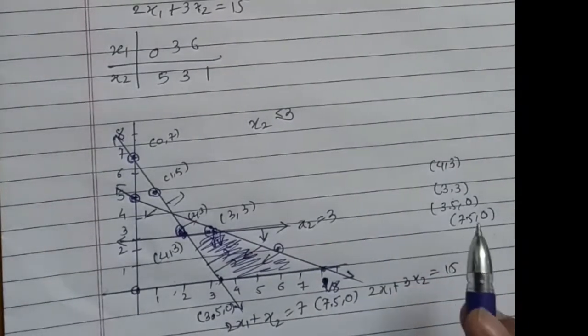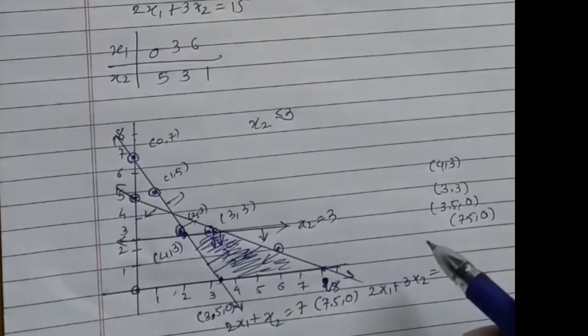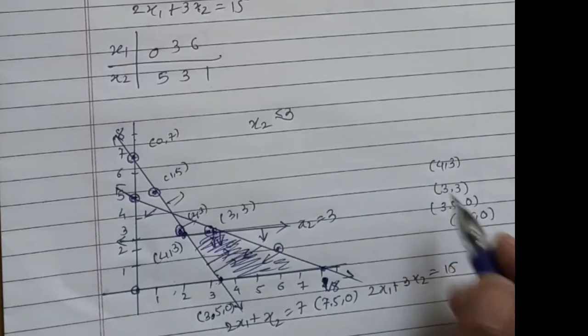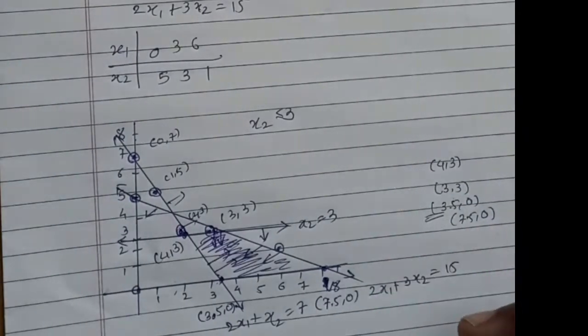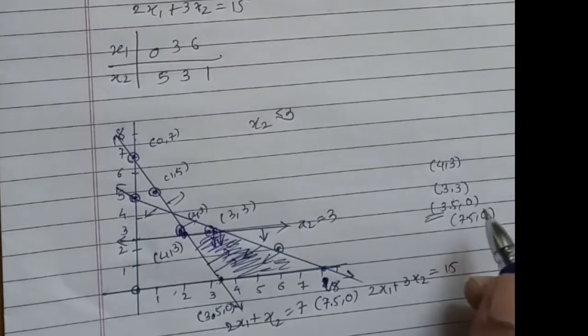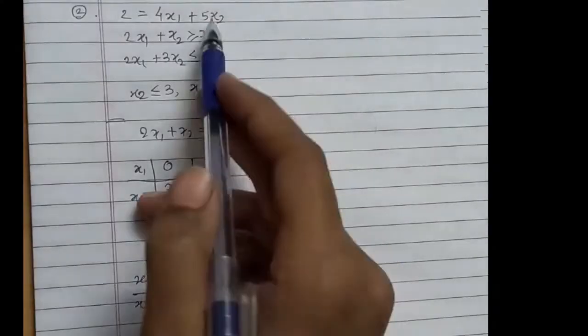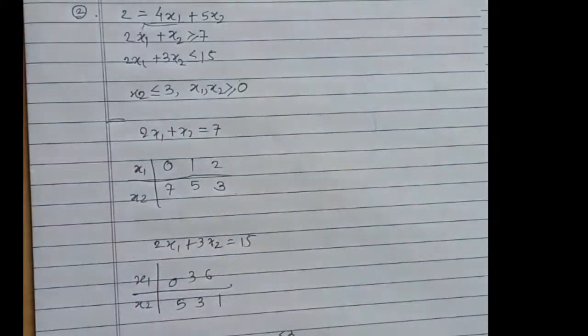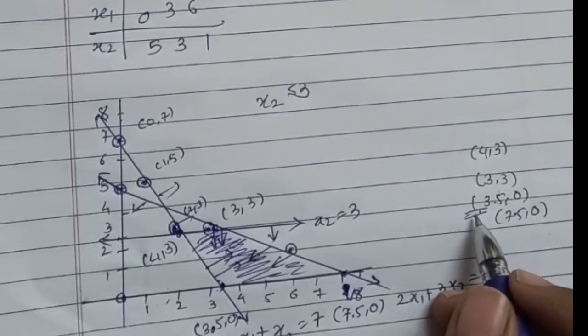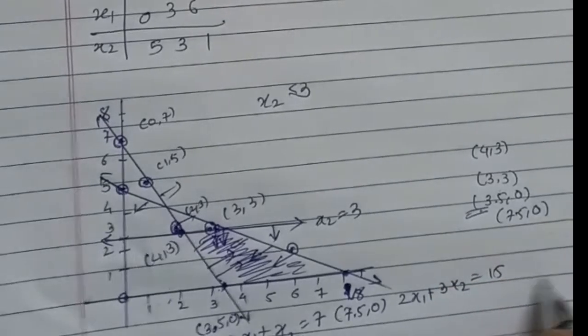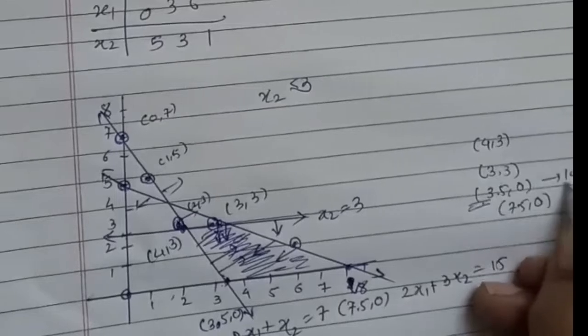We have to put these 4 points in the z equation and find the minimum value. After putting all 4 points in z, we come to know that the point (3.5, 0) has the minimum value. If you have doubt, go and put this value in the z equation, and you can find that (3.5, 0) is the point having the minimum value of z, which is 14.